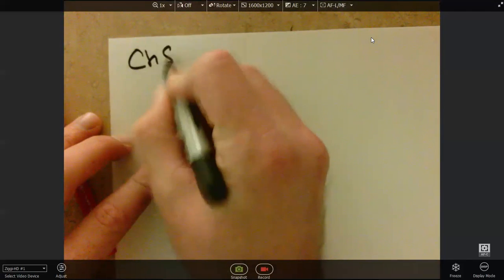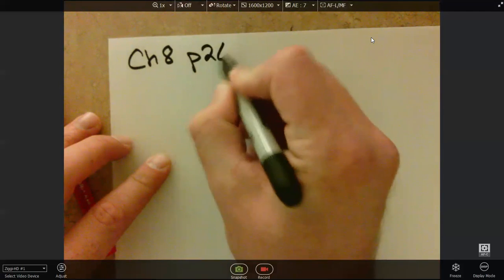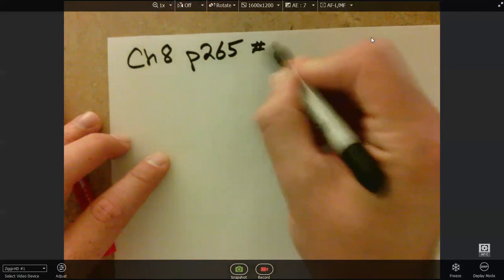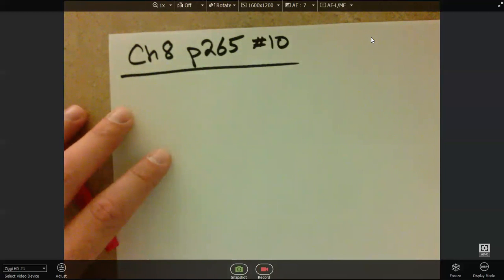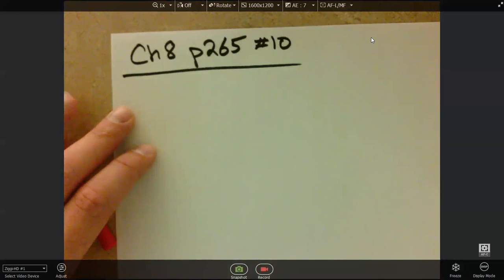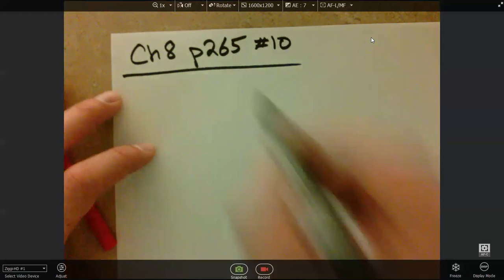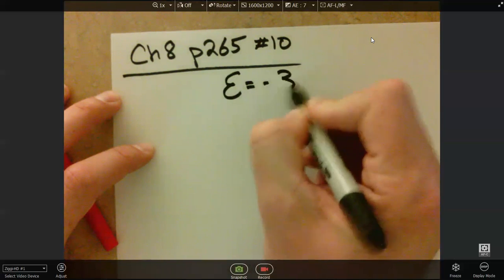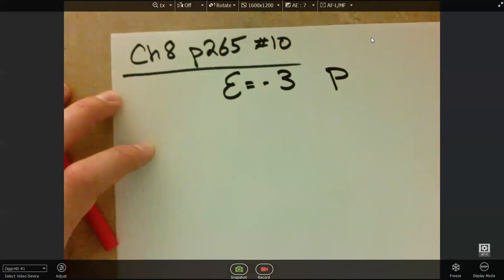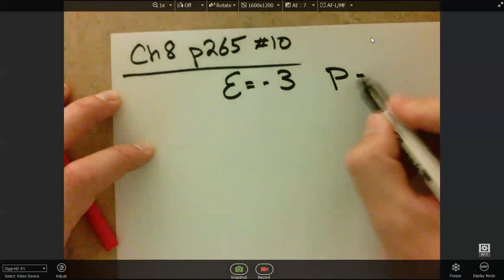So this is chapter 8, page 265, number 10 in that first section, the conceptual and computational questions. It says the manager of the local monopoly says the elasticity is equal to -3 and the price is equal to $20 per unit.